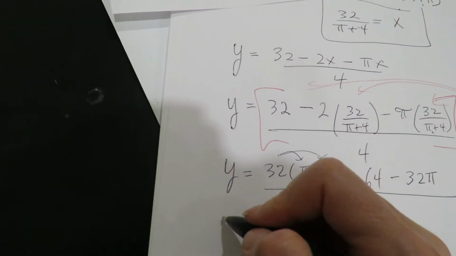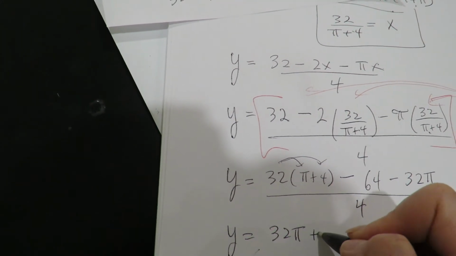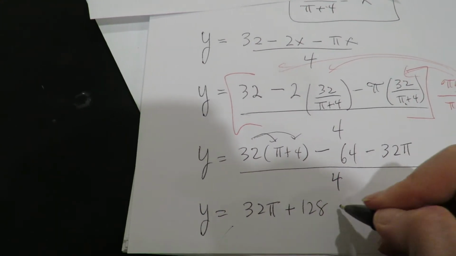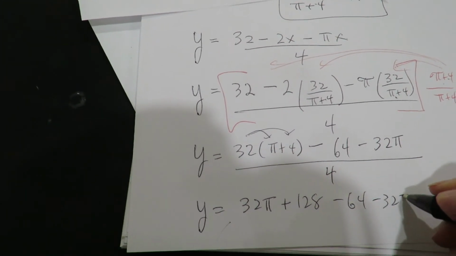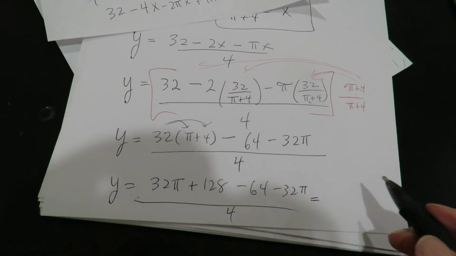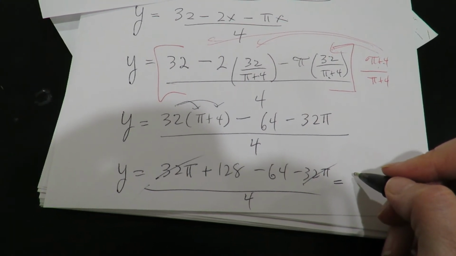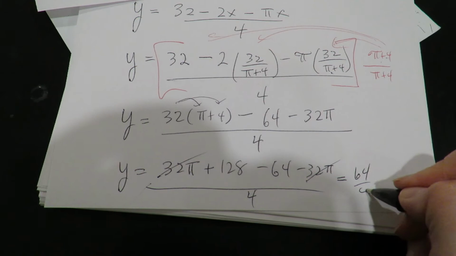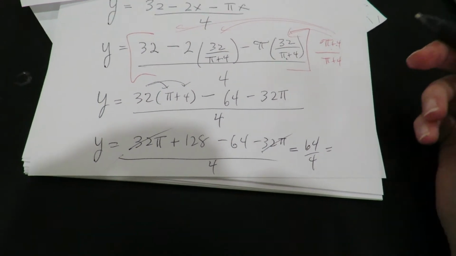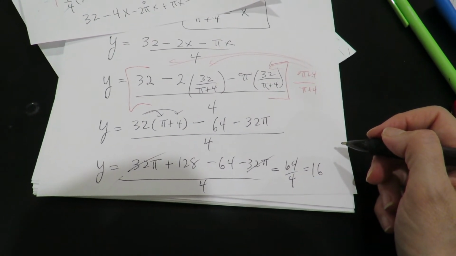You've got to distribute this 32 in. Okay, so 32 times 4 is going to be 128. This and this go. This is going to be, that's half actually, and divide by 4. 16.